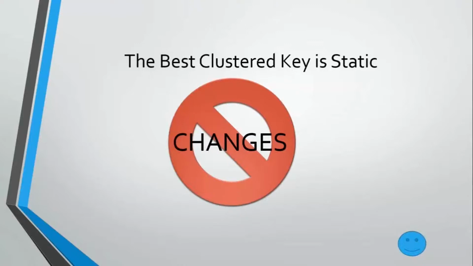The other thing to keep in mind about cluster keys is that it's better that they are static. If I have an identity column and I base my cluster key on that, it is possible to overwrite that identity column, but usually you don't. So what I'm going to do is show you some demos explaining these few points that I've made so far.